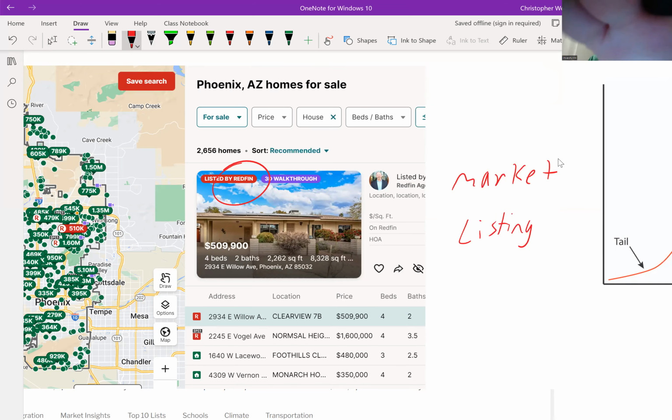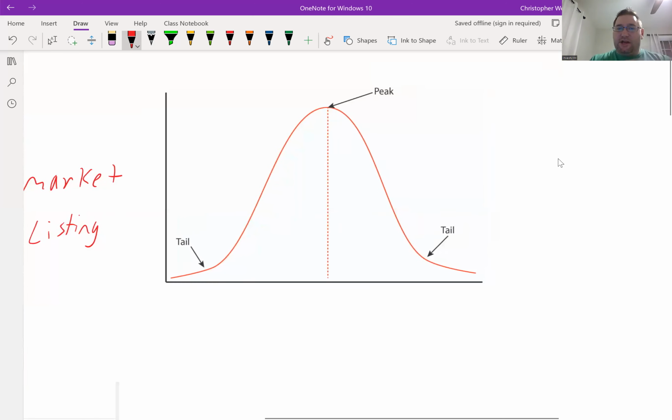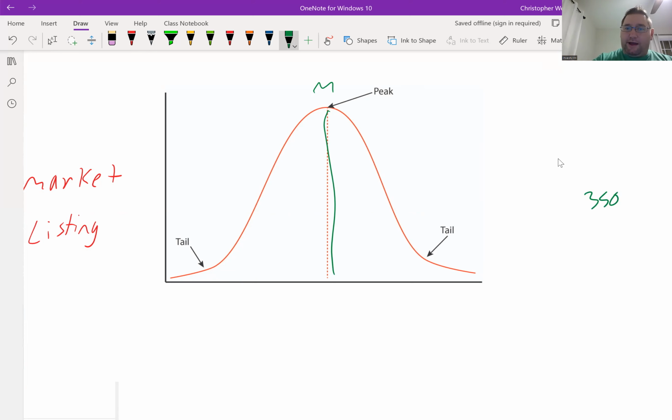So in order to do that, the first thing we got to do is look at what a bell curve is. And generally what we have on a curve is we have our median right at the dead center of all of the data points. So I think in Phoenix there was like 350. So that means that this would be 350, and if we did this by price, this would be 0, or 1, sorry, 1.